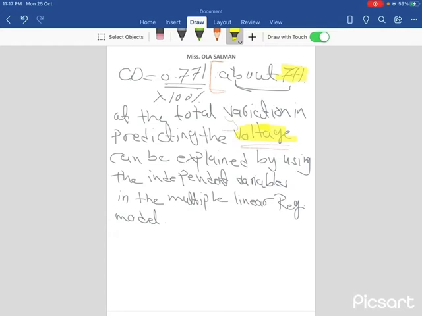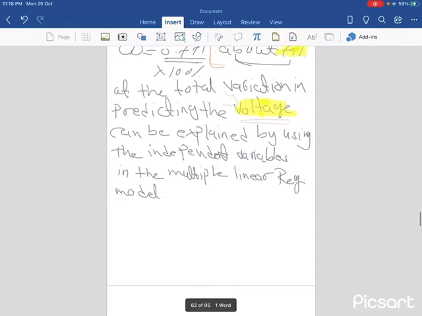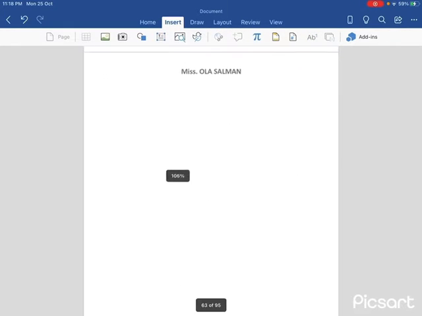All this you will copy from the sheet. It is the same, just change this and this.